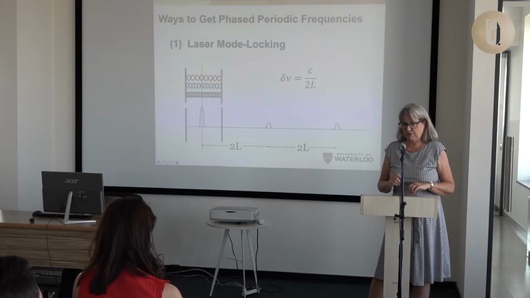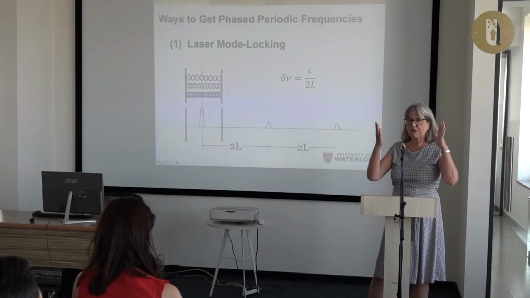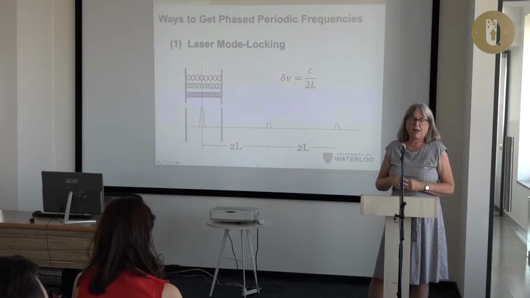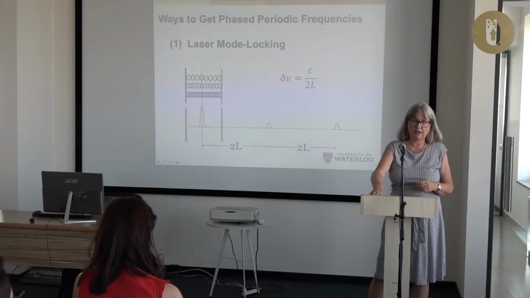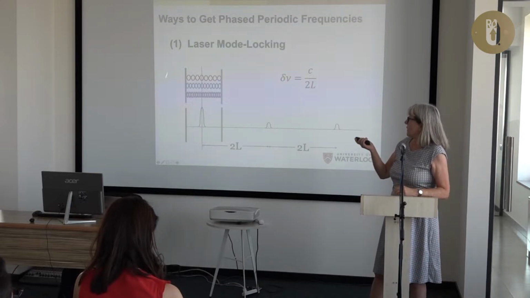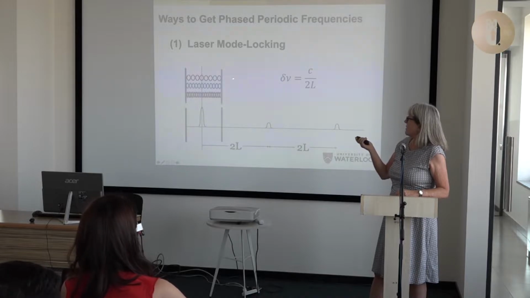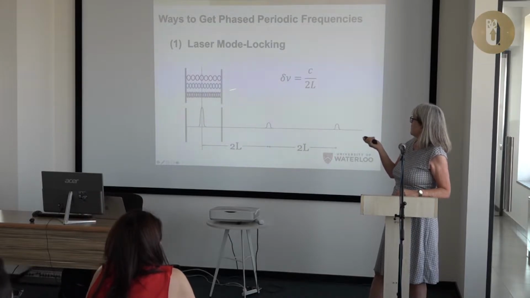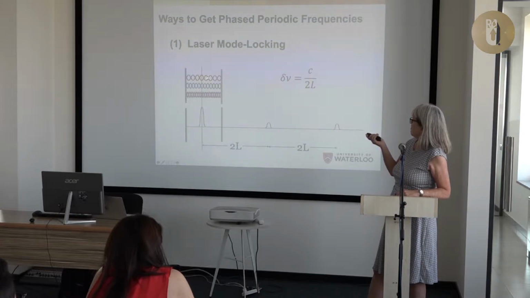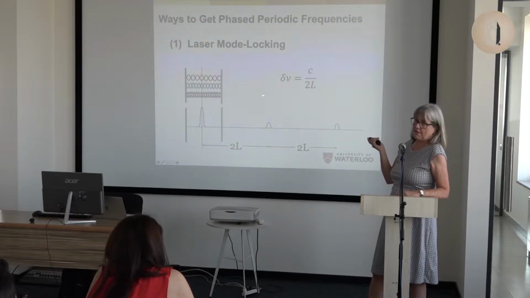But that is not true. It's the starting point, but it is really the cavity that sets up the coherence of the laser itself. So we use these open cavities, and this open cavity only allows the frequencies that have a half a wavelength fitted in each time, and so the separation of them is C over 2L.